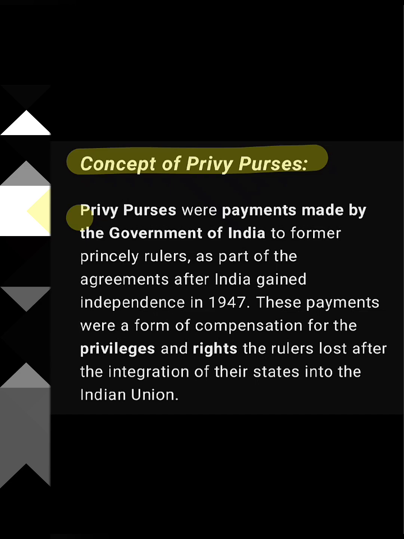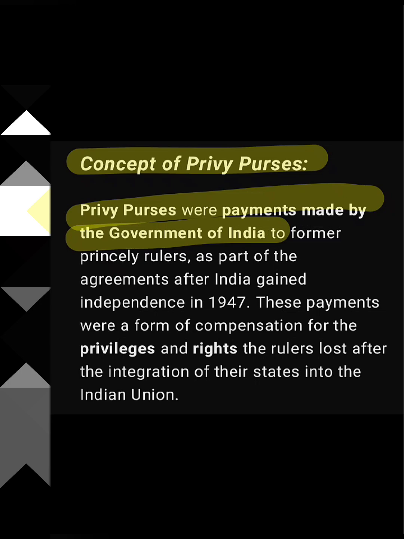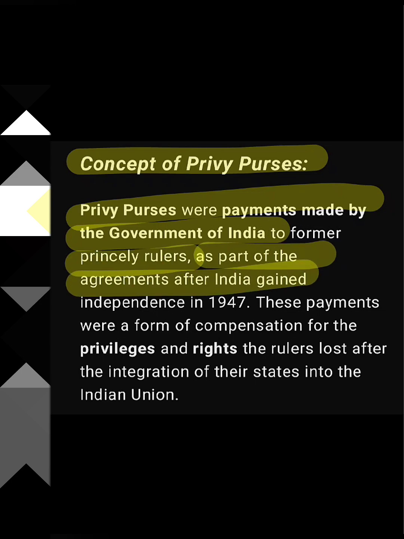So in order to compensate for the losses of the princely states rulers, the government of India said that we would provide you some monetary compensation for your losses. So privy purses were the payments made by the Government of India to former rulers of princely states as a part of agreement after India gained independence in 1947.